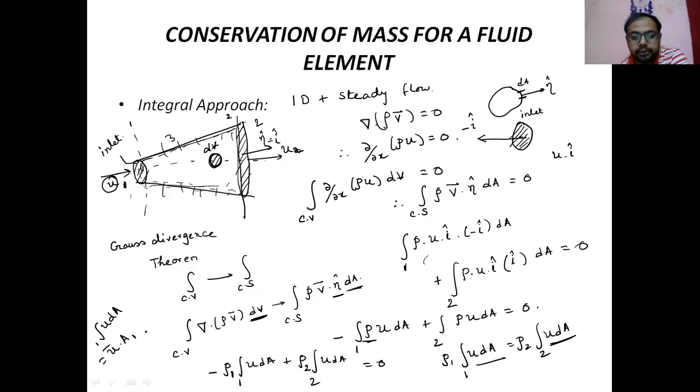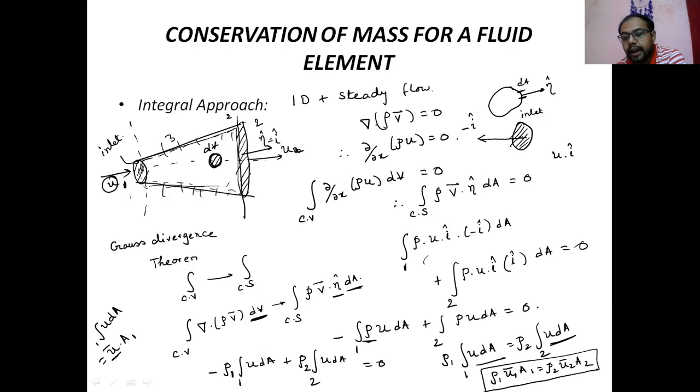So U average times A. So rho 1 U1 average into A1 equals rho 2 U2 average into A2. That is the equation we are writing normally.